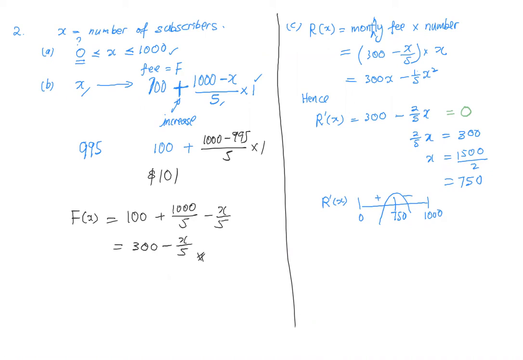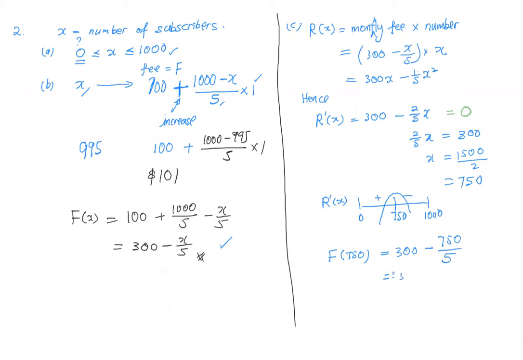Are we done? We want to go back. Find the increase of monthly subscribing fees. So you get the fee, correct? This is the subscribing fee: 300 minus 750 over 5.